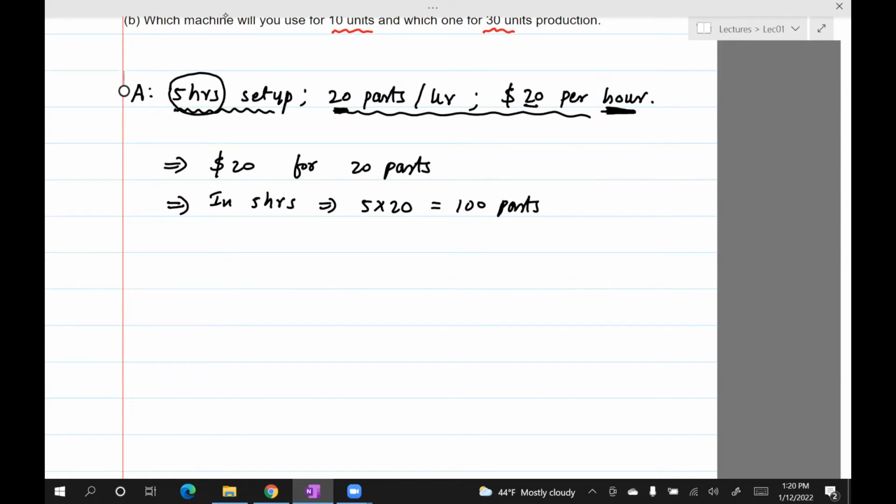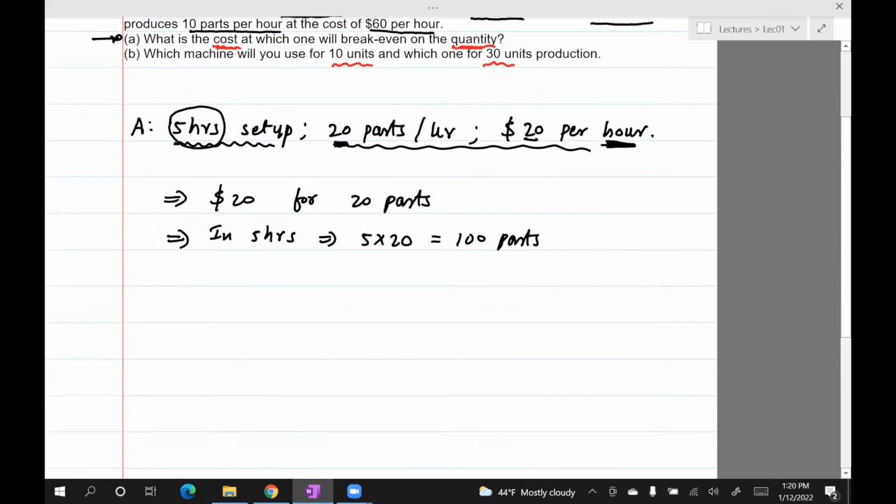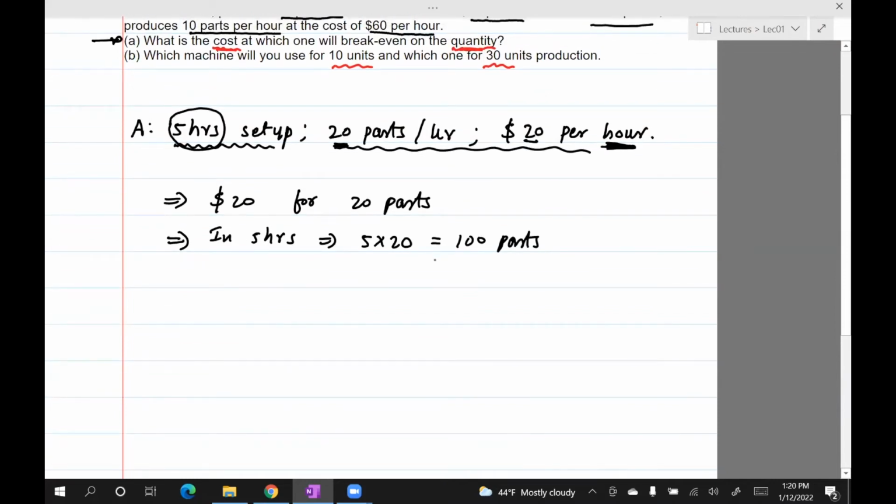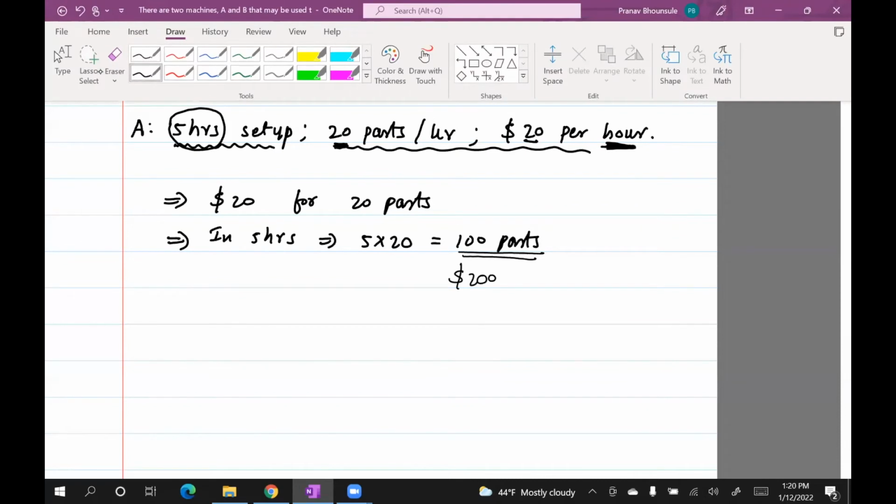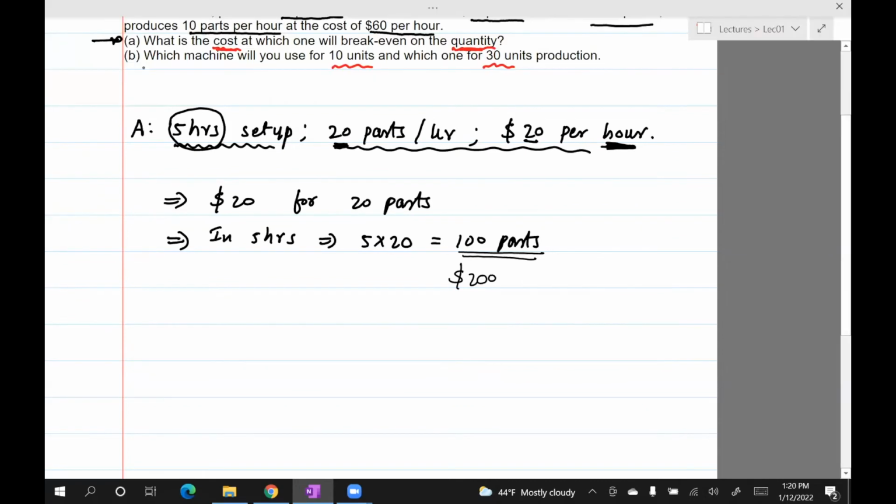Okay, so we have 100 parts in 5 hours, and you could keep it in parts, or you could also keep it in cost. So if you'll have 100 parts, which means that you'll incur $20 for 20 parts, so you'll incur $200, sorry, my bad, $100.